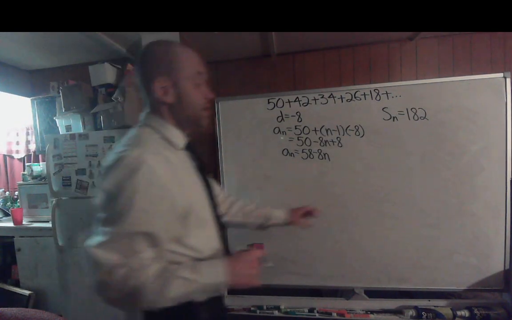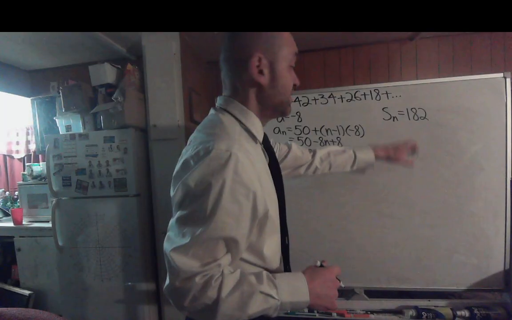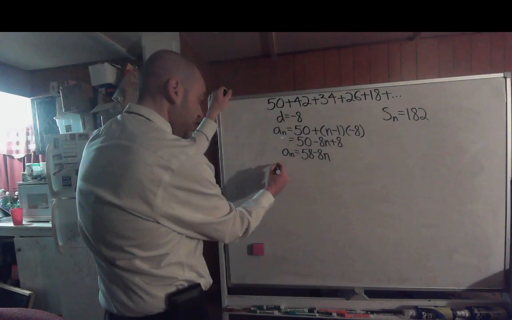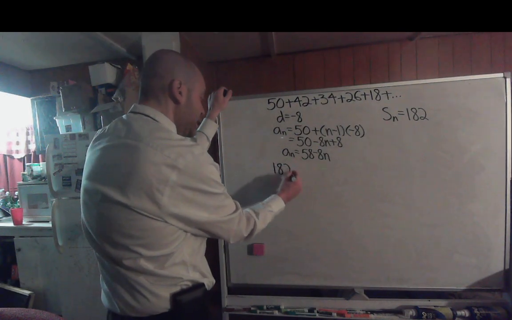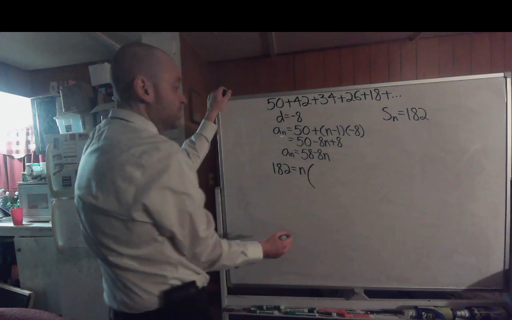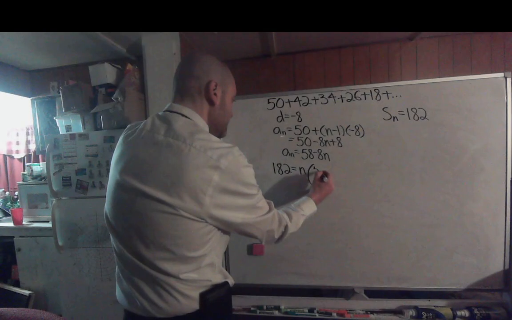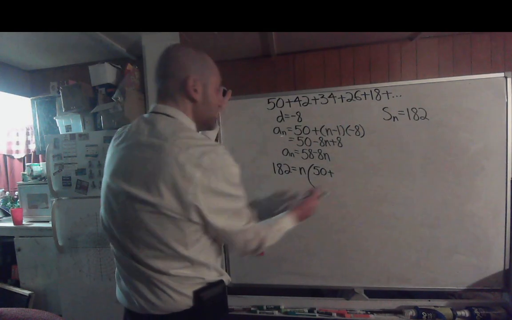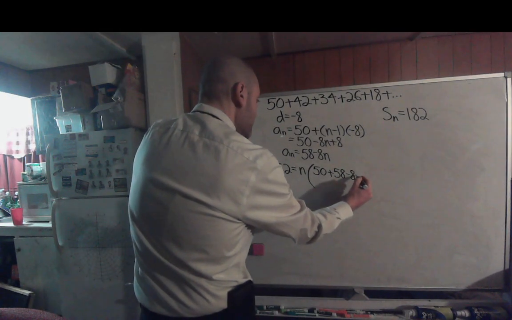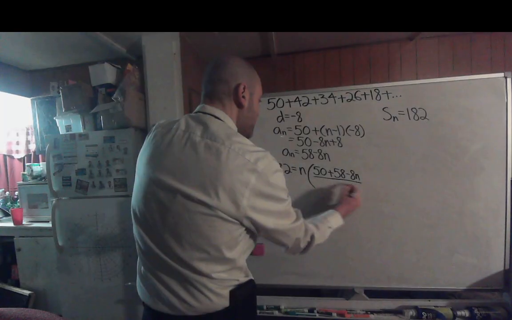So we're going to find what term number will give us a sum of 182. So plug in your formula again. 182 equals n times the quantity of your a sub 1, which is 50, plus your a sub n, which is 58 minus 8n. Go ahead, divide all that by 2.